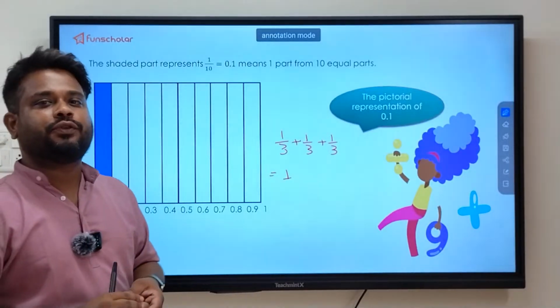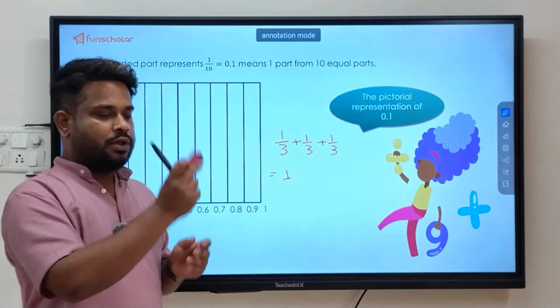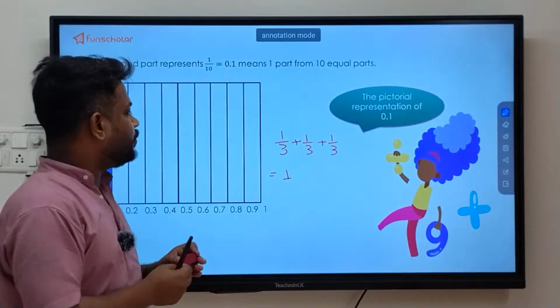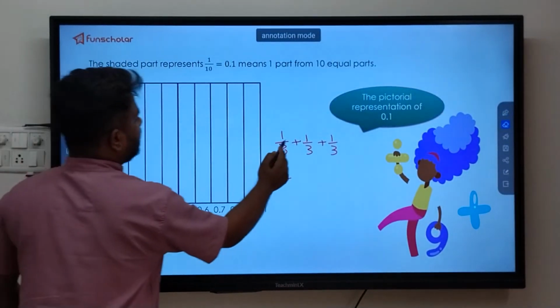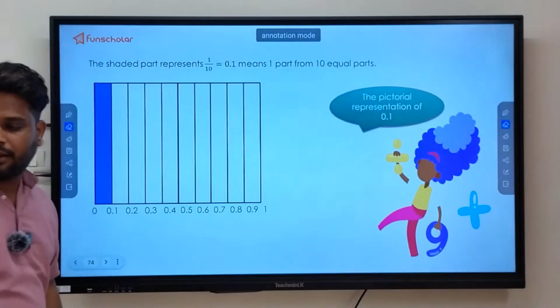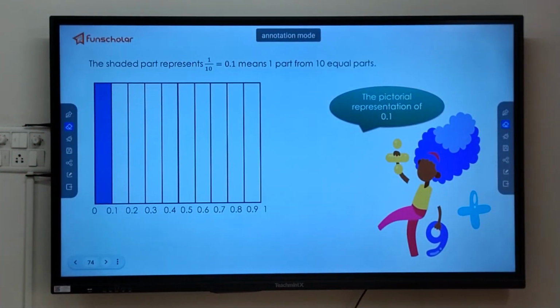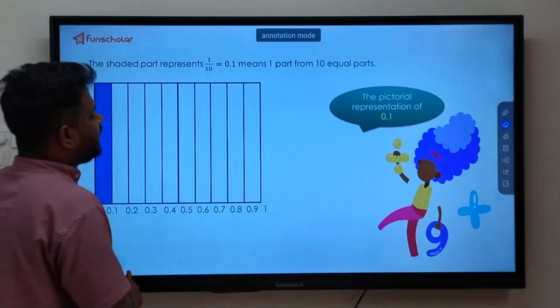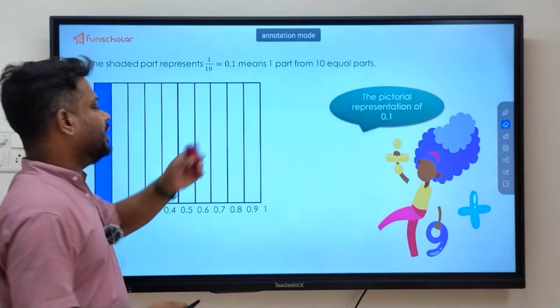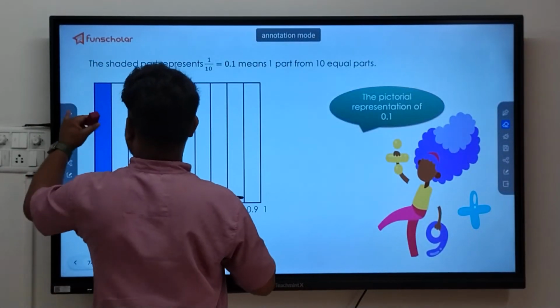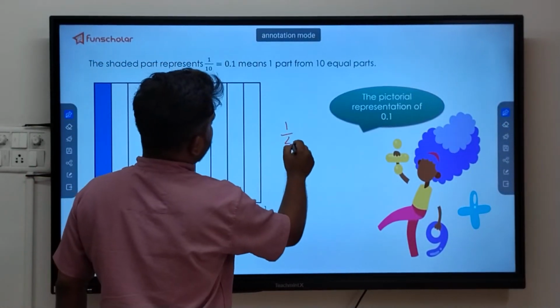If we are taking 3 blocks to make one block, each block will represent 1 by 3 as a fraction. By the same logic, if I take 4 blocks, then each block will represent 1 by 4.